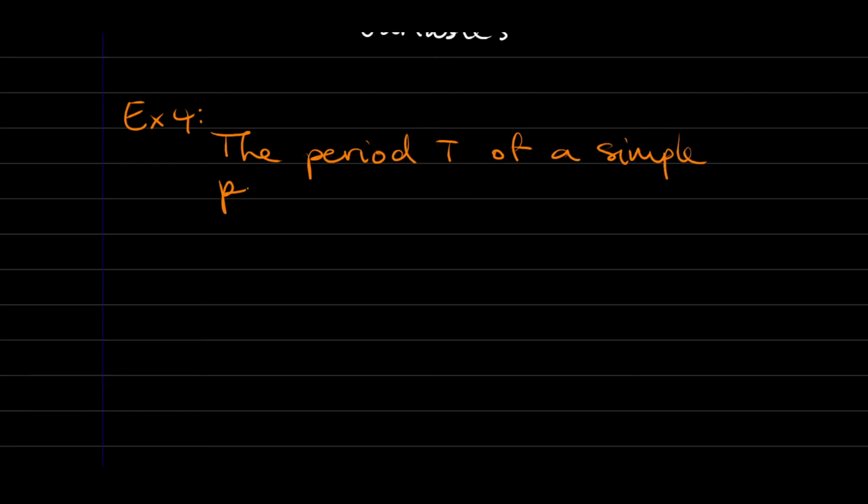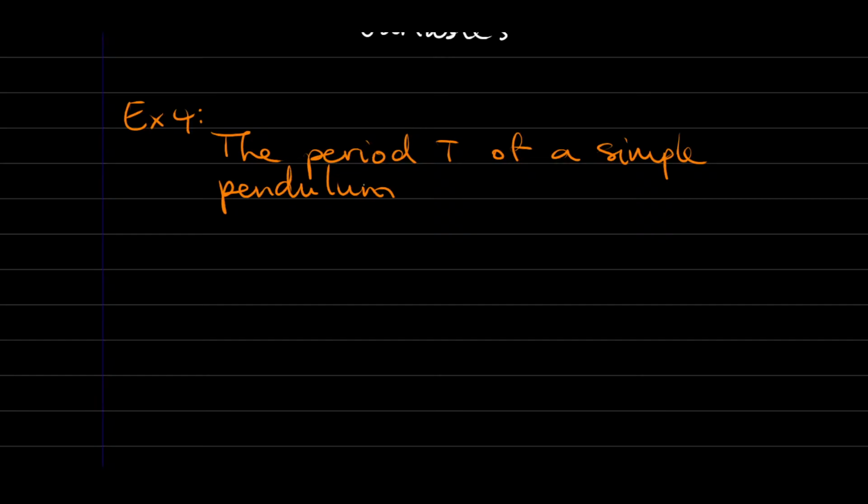Let's look at the last example. Example 4. Let's say that the period T of a simple pendulum. In physics, I think you would have an experiment like this to do, where you would swing a pendulum and find the time period, length of the pendulum, and all of that, and then you plot it on a graph. I think you'd have to use logs to solve that as well.